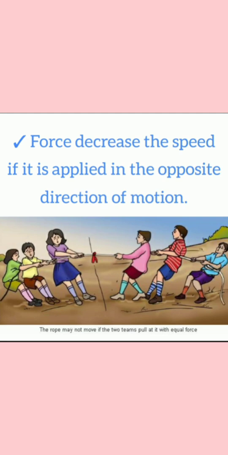In this game, if one team applies more force, that is, greater force, then the opposite team's speed will decrease and they may even fall and come to rest. So force can decrease the speed if it is applied in the opposite direction of motion, and we also know that it can stop the moving object.